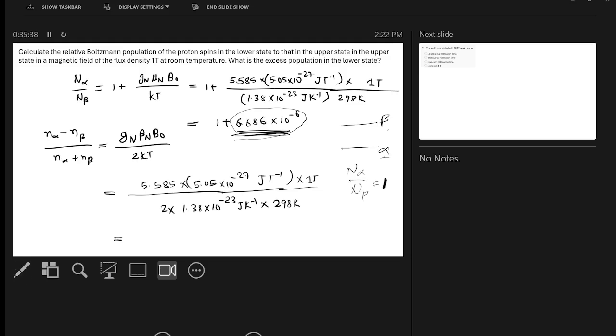Okay, so it's 3.343 times 10 to the power minus 6. This was the excess population in the alpha state.